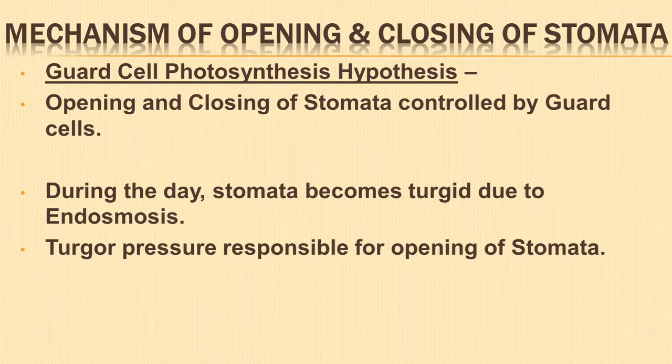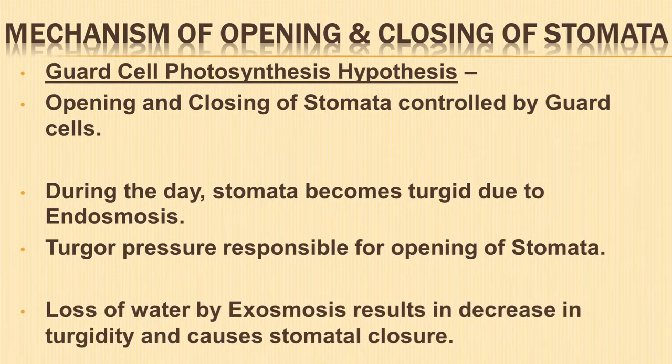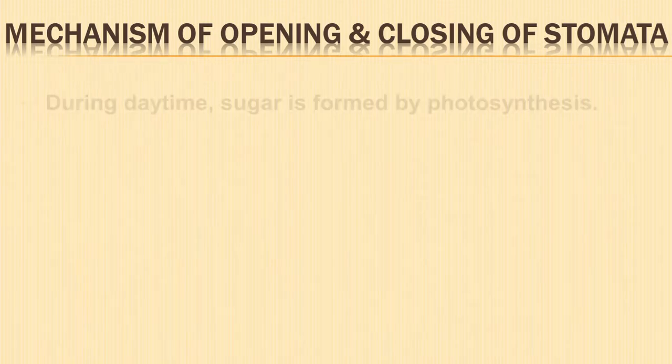The inner thick walls are pulled apart, resulting in the opening of stomata. When guard cells lose water by exosmosis, turgidity decreases and the cells become flaccid, causing stomatal closure.